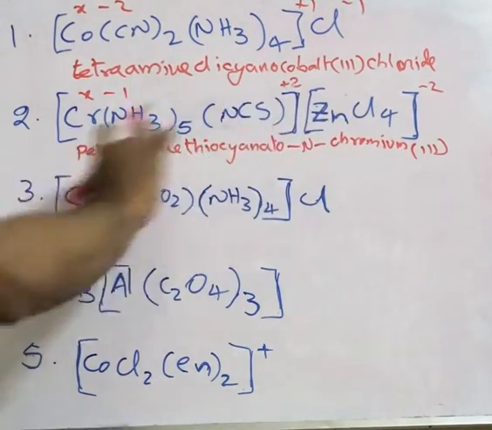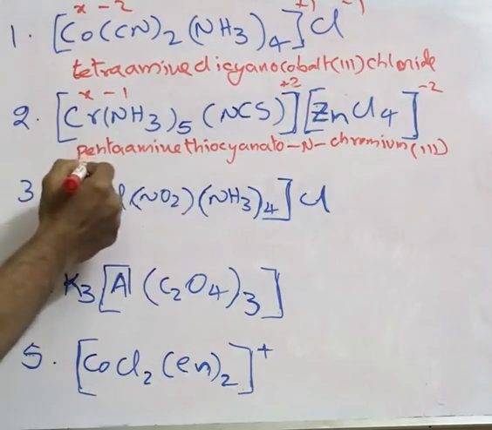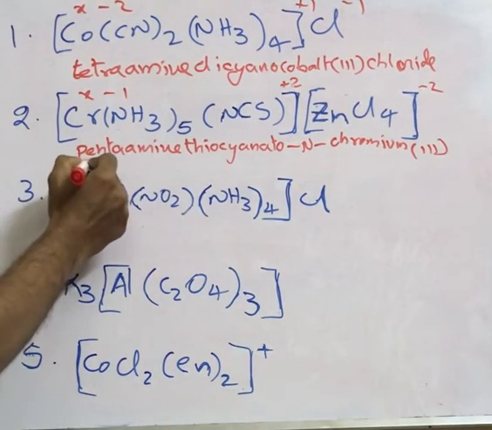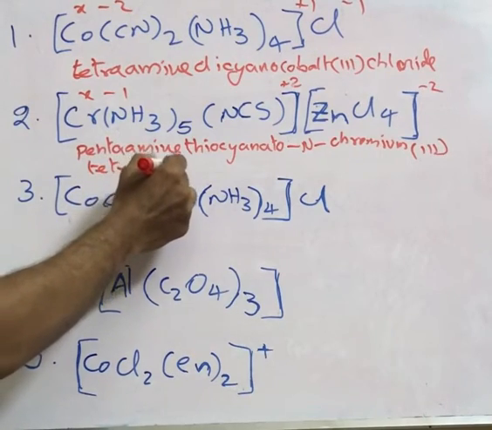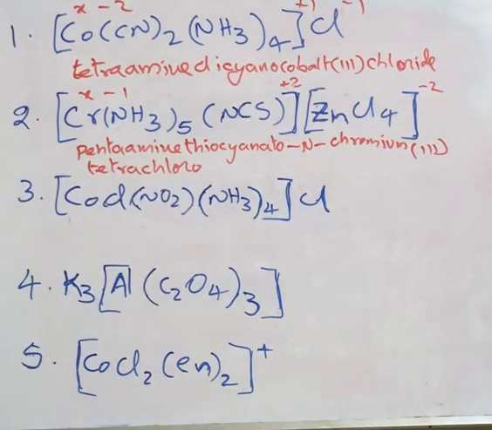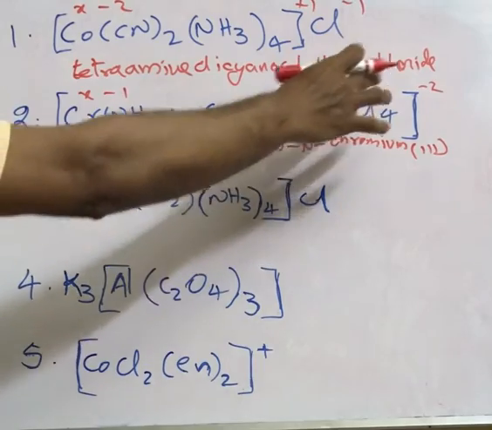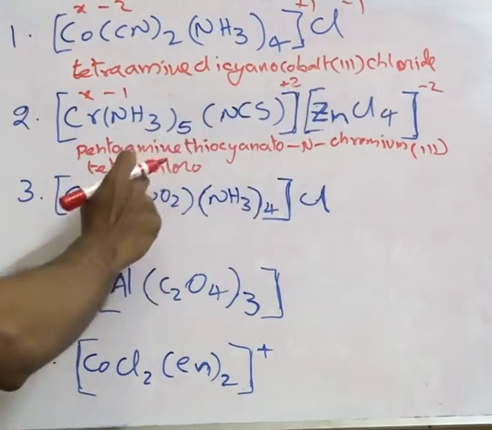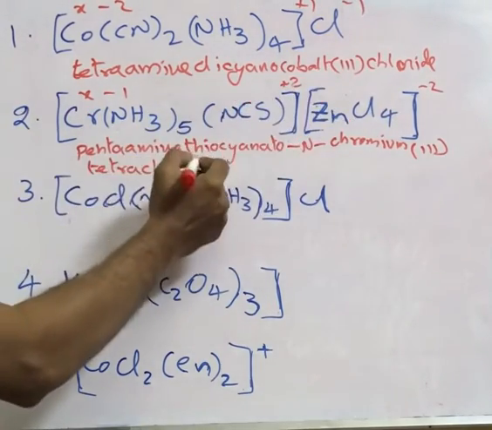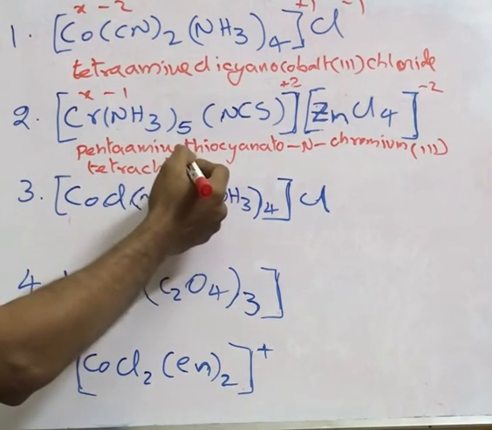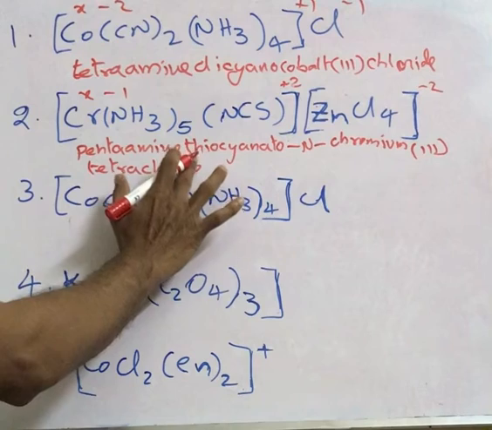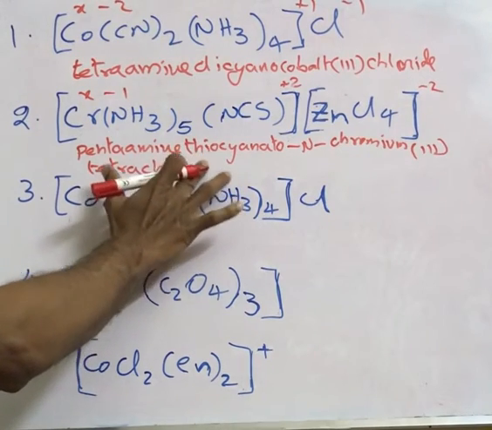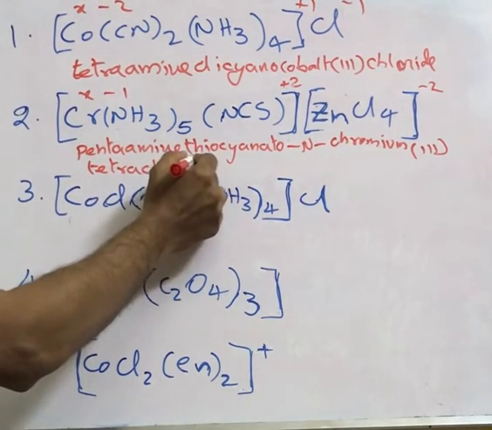Then the anionic part: that is 4, tetrachloro, because this is the anionic part. Zinc with chlorido or chloro; generally the new nomenclature is chlorido, tetrachlorido.